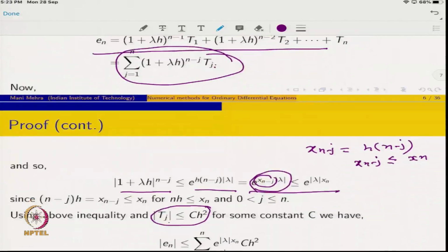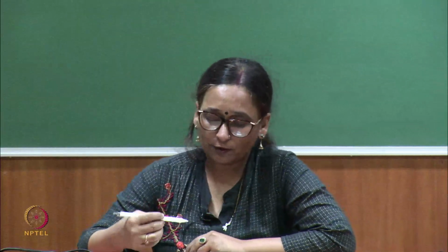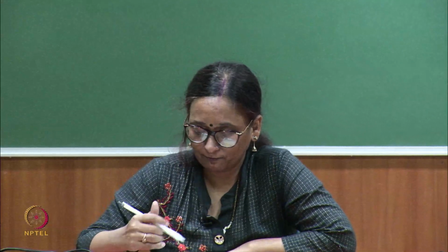Okay. So, finally, we have proved that the forward Euler method converges, that is one thing, and converges with which order. The rate of convergence is first order, or the order of the convergence is first order.